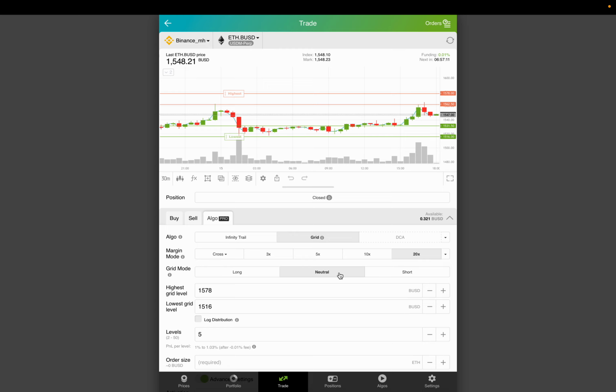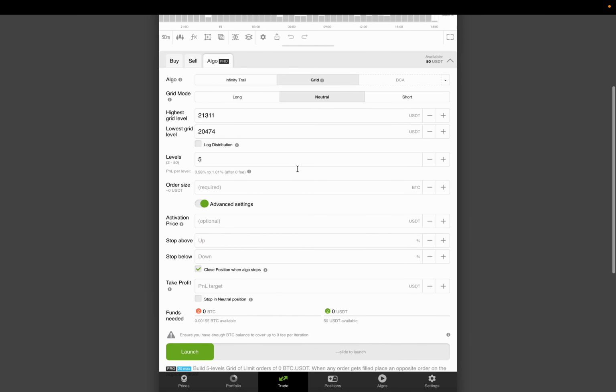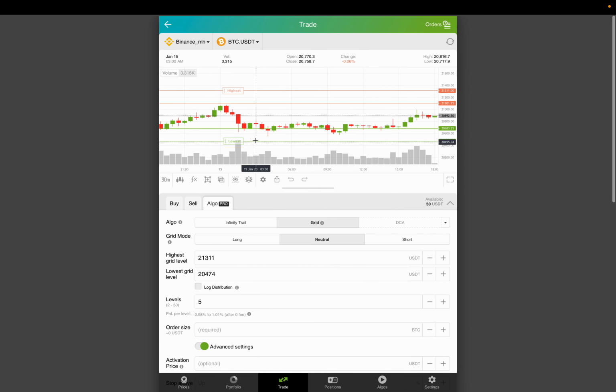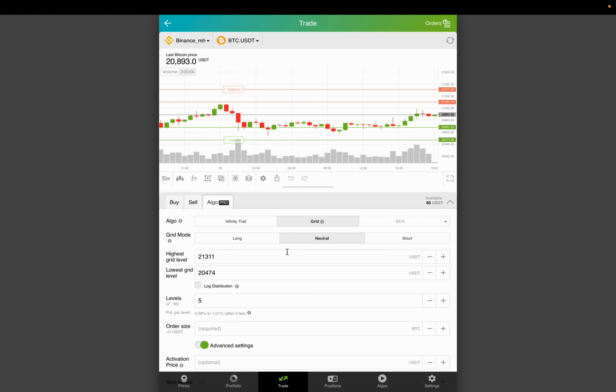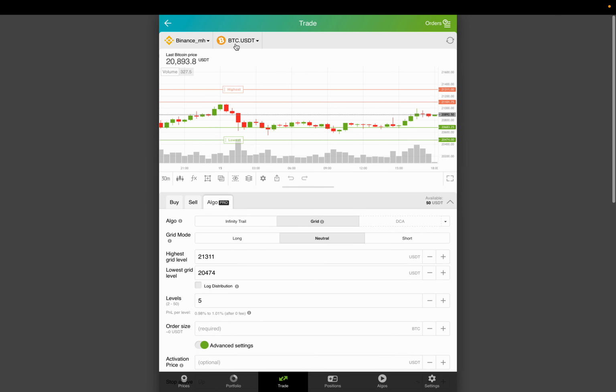Okay, and last but not least, just remember that when you are trading a spot instrument and placing a neutral grid there, you need both base and quoted currency to launch it. However, you can launch it without having the base currency, in this case without having any BTC, by choosing a long grid. Just remember, by doing that, you're placing a long view on the market.